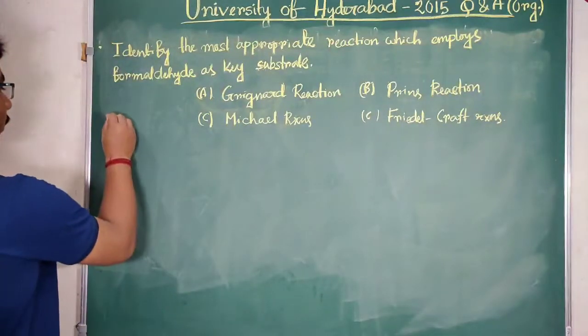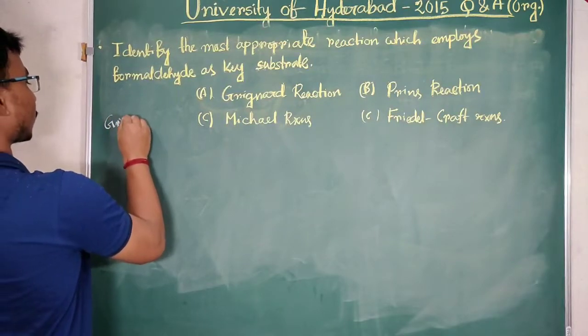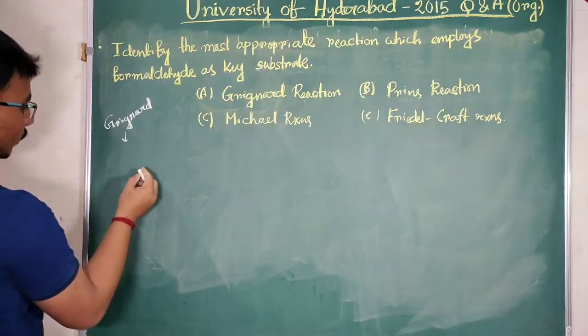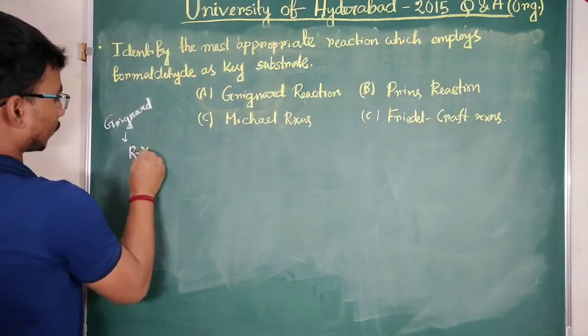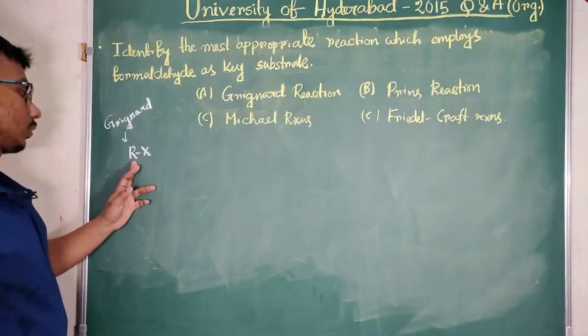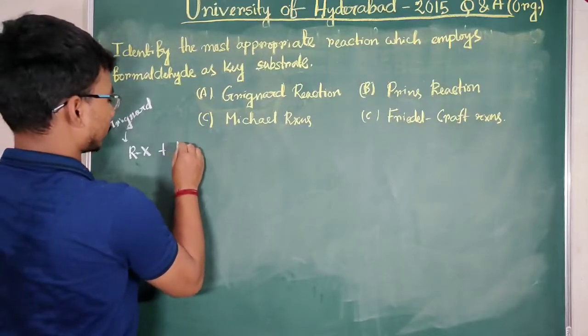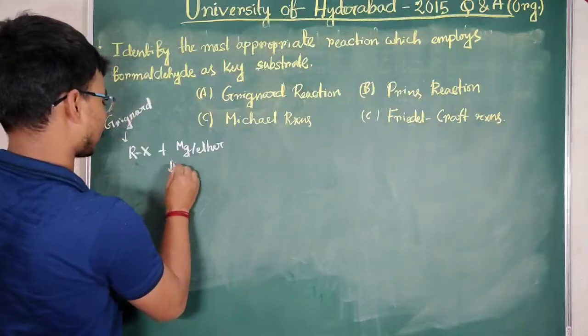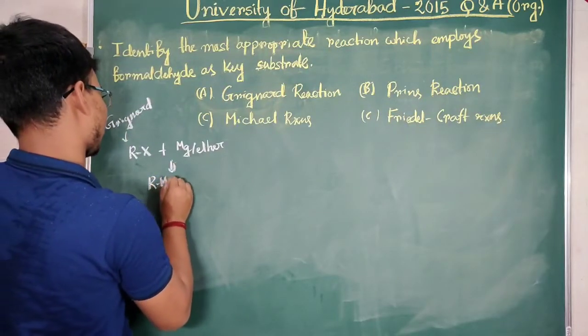At first, Grignard reagent. So we know Grignard reagent: RX compound, when we treat with Mg and ether, we get RMgX.